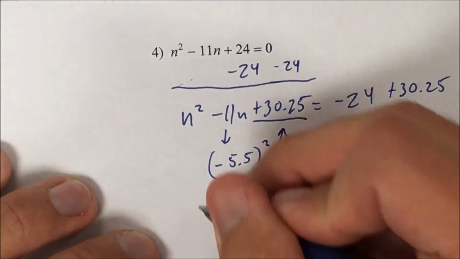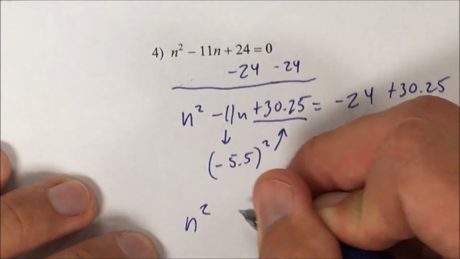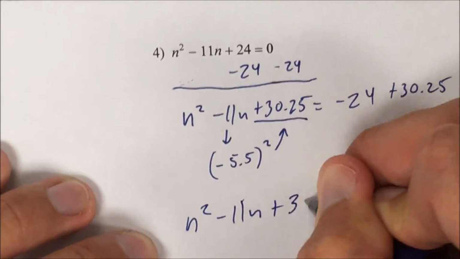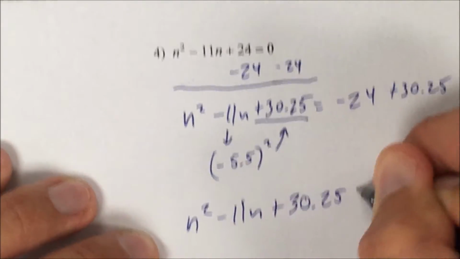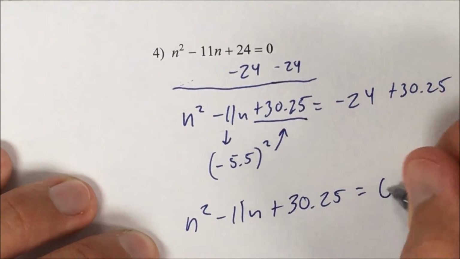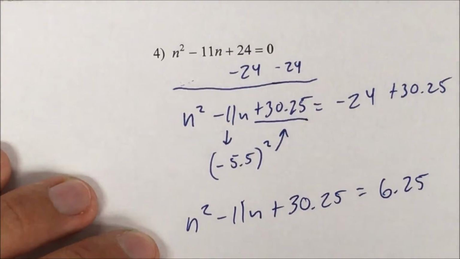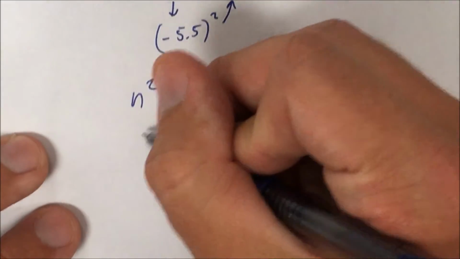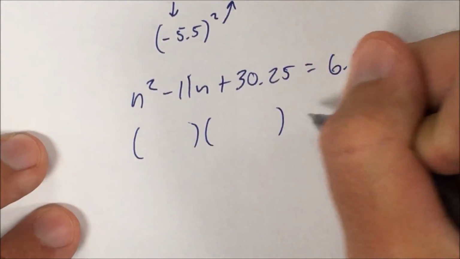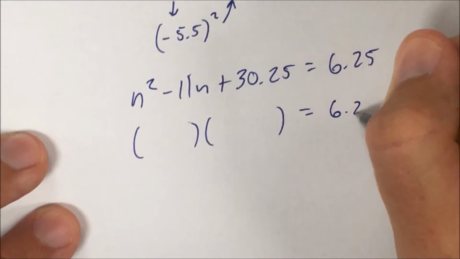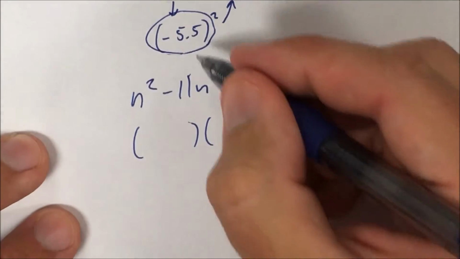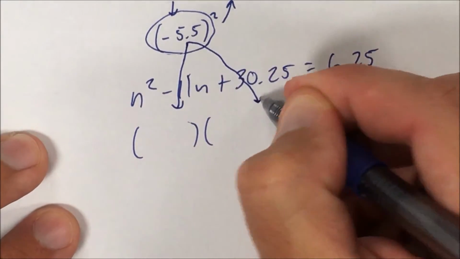And so now it's all the same steps. So I've got n squared minus 11n plus 30.25 equals, that's just 6.25. And then I can factor this into the perfect square, and my little cheat right here, it's always going to be this number down here if it's going to go right there and right there.